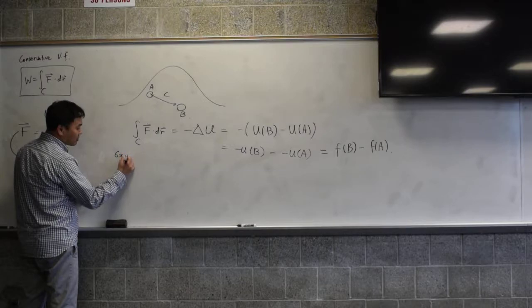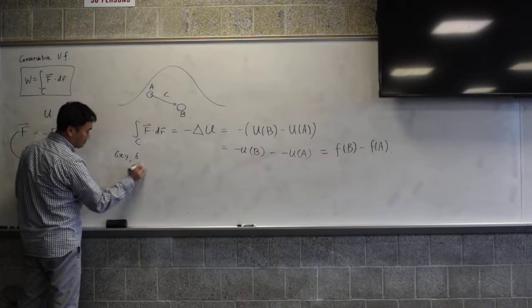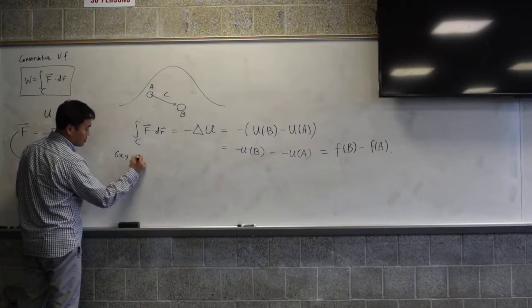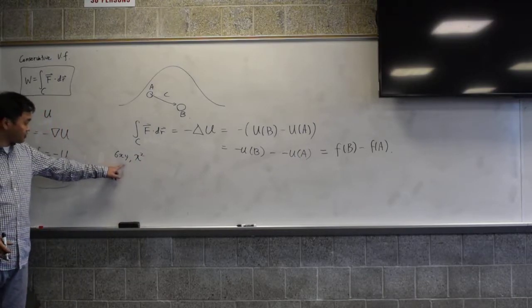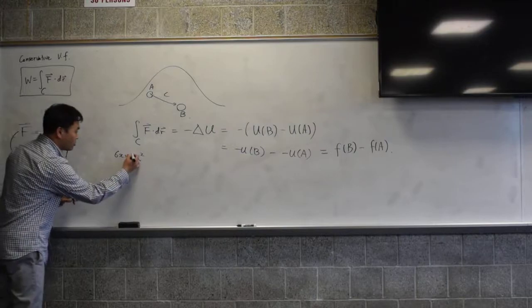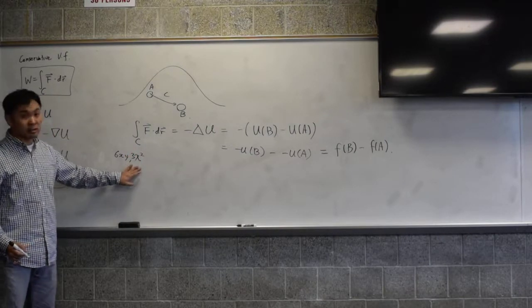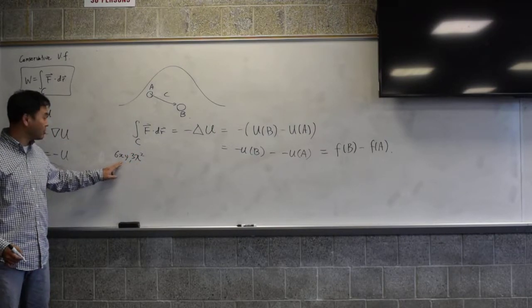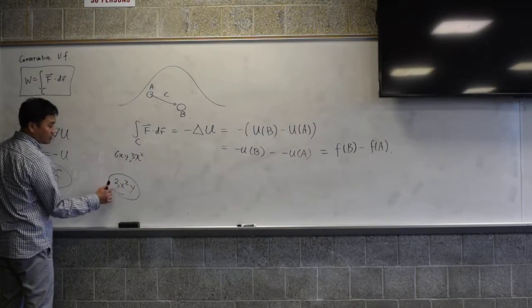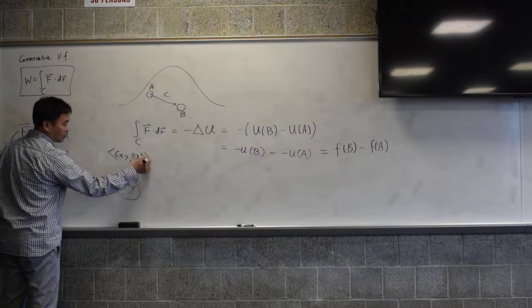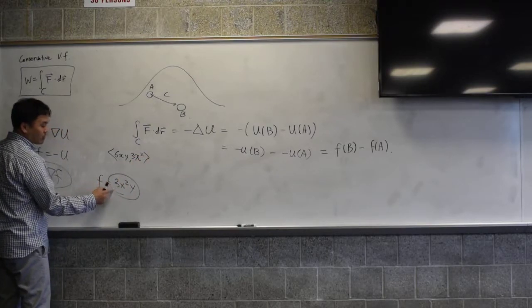We already figured out that this is a conservative vector field, with 3x squared. This is the gradient of what? 3x squared y, right? If this is your f, then the gradient of this is this.